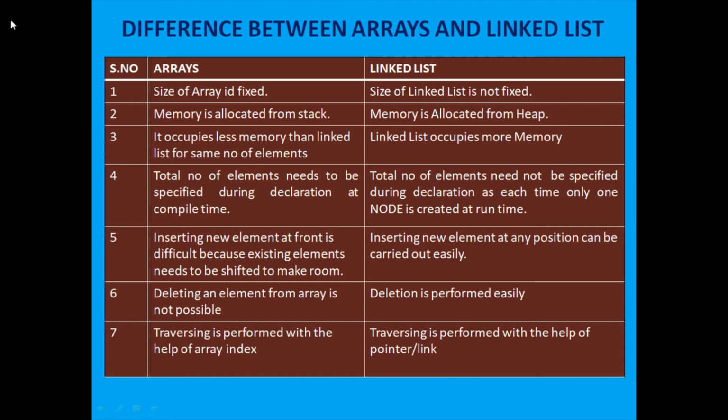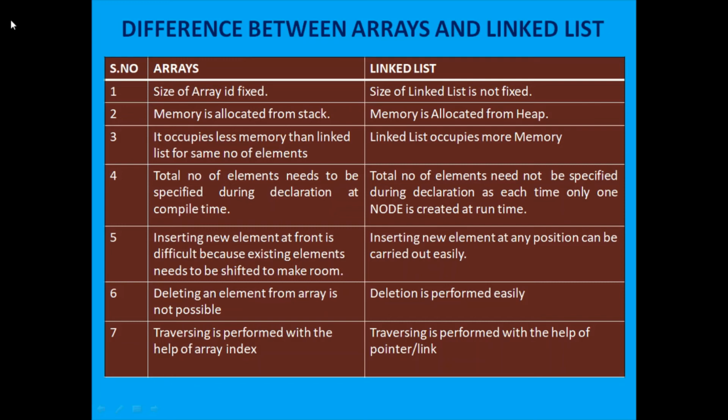Because linked list has two parts, one is the data and one is the link. Because of it, it occupies more space. The fourth difference is that the total number of elements in an array needs to be specified during declaration at compile time. Maximum how many elements you need, that is specified in the array. But in linked list, you need not specify at compile time. Only during the runtime, the specific locations will be created.